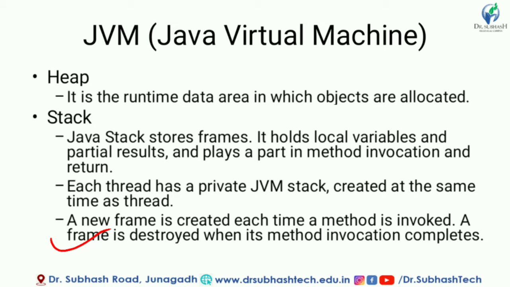When the method is invoked, a thread is created and then a frame is also created. A frame is destroyed when its method invocation completes. When you are returning from the method, once the method is over, the frame will also be destroyed. So this was the stack.